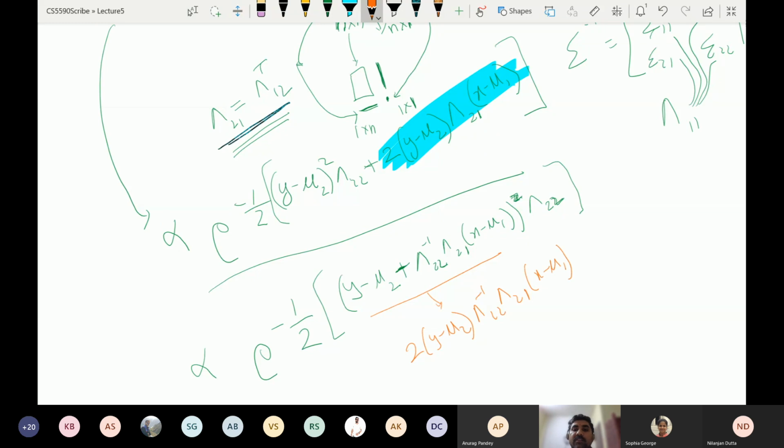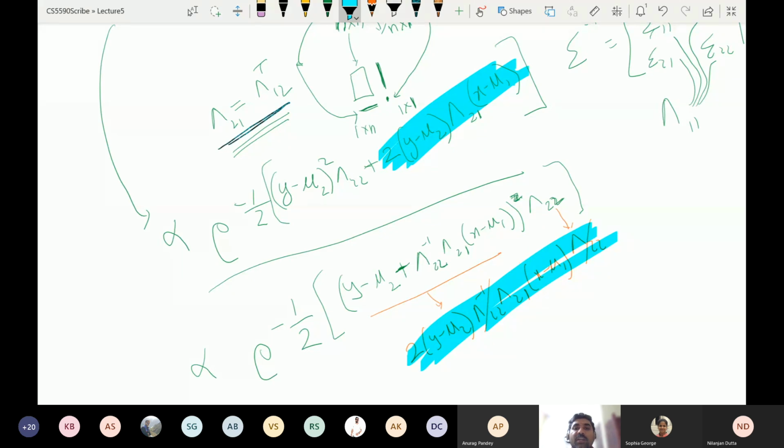Everybody agrees with this? That's the only linear term, right? So that into lambda 2, right? This lambda 2 and this will get cancelled. Why? Because they are numbers. Lambda 2 is a number, remember. So is this blue term matching or not? Yes, sir.